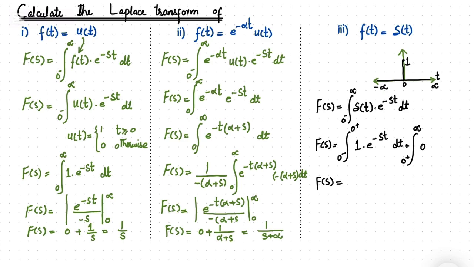So this is going to be 1. We have not integrated 1 over this range because 0 minus to 0 plus is effectively a single point. Therefore, we just inserted the value t is equal to 0, and this is the result. So the Laplace transform of the impulse function is 1.